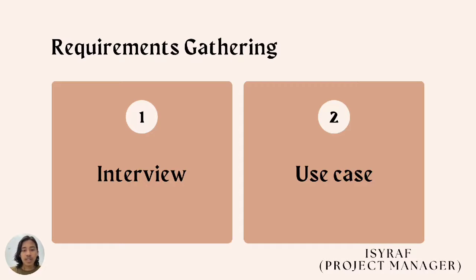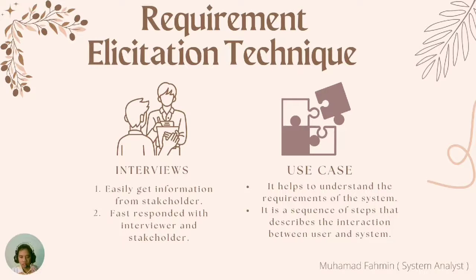Therefore, to help eliminate misunderstanding about the scope and functionality, there are two requirement elicitation techniques. The first technique is interview. The advantage of the interview technique is that we can easily get information from stakeholders, with fast responses between interviewer and stakeholder. The second technique is the use case technique. This is because it helps to understand the requirements of the system, and it is a sequence of steps that describes the interaction between user and system.